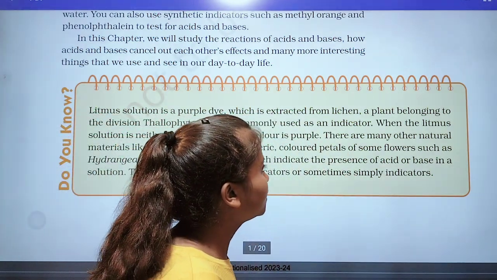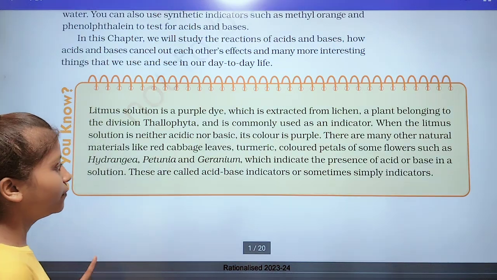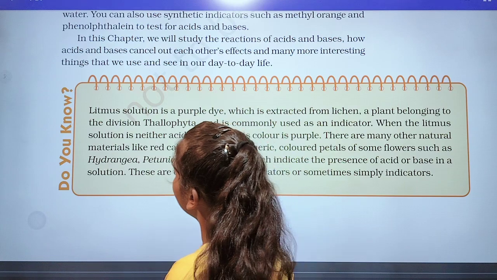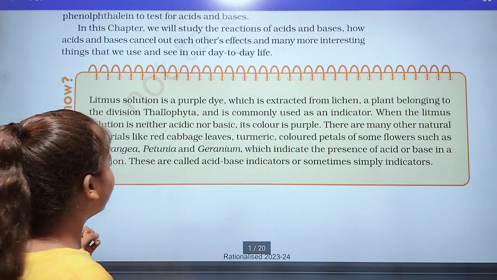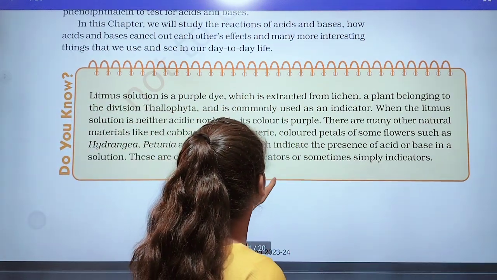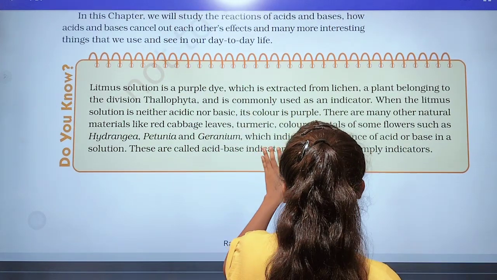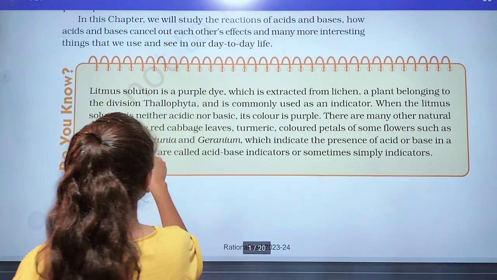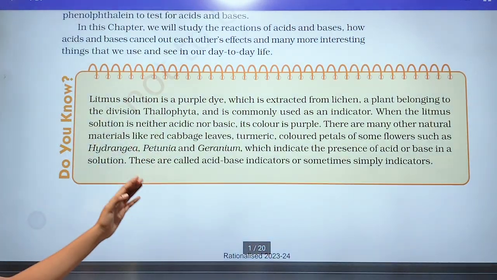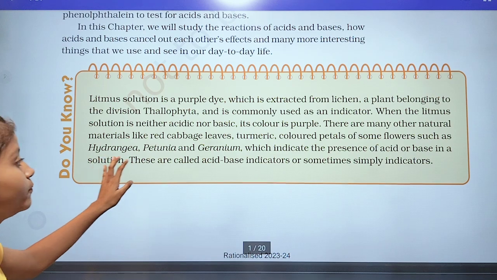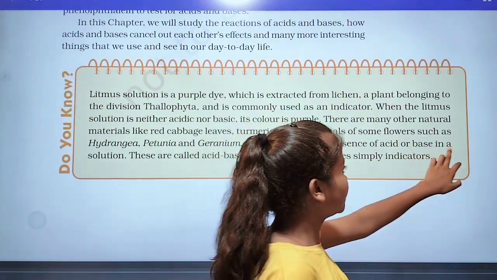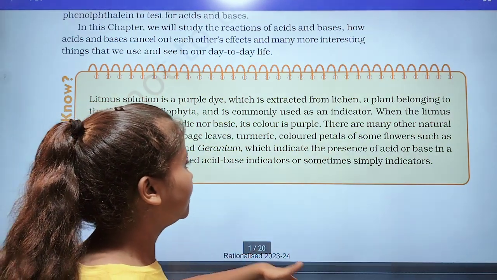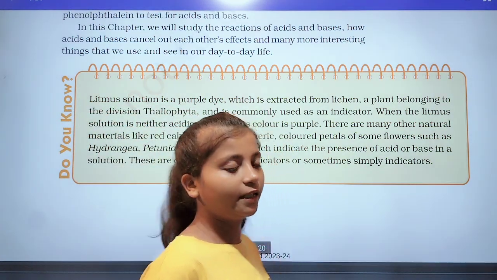Now there are many other natural materials like red cabbage leaf, turmeric, and colored petals of some flowers such as hydrangea, petunia and geranium, which indicate the presence of acid and base in the solution. They are called acid-base indicators or sometimes simply indicators.